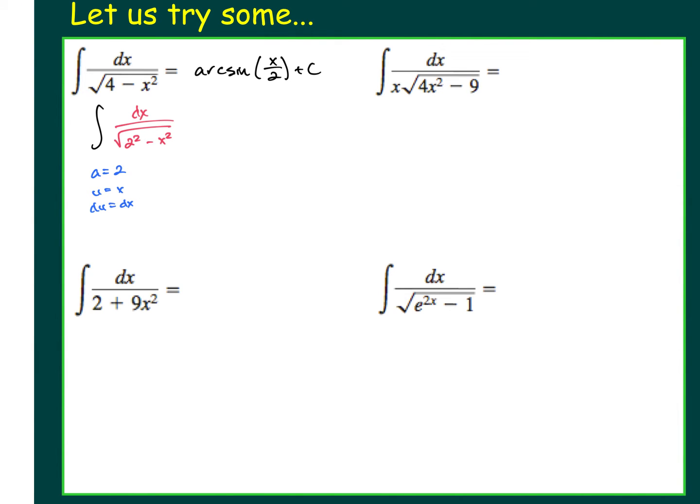All right, let's look at this next one. I have the integral of dx over 2 plus 9x squared. And again, I want to manipulate it into the form that I need. Now, this one could be kind of a little trick. If we wanted to use old school methods, I'd make my u the entire denominator, would I not? But then what would be my du if I did that? An 18x, right?